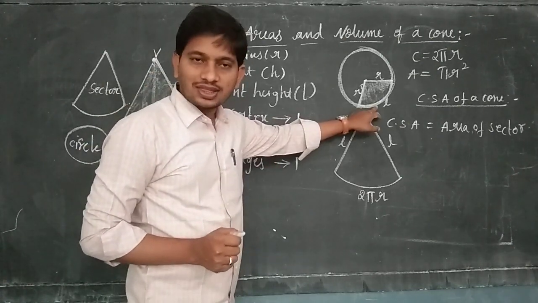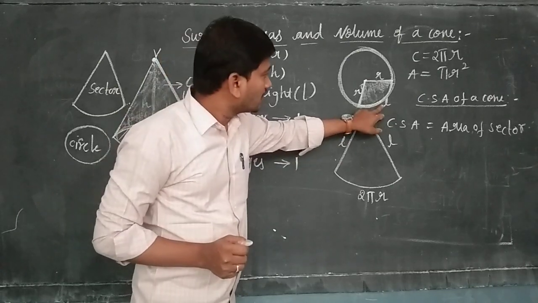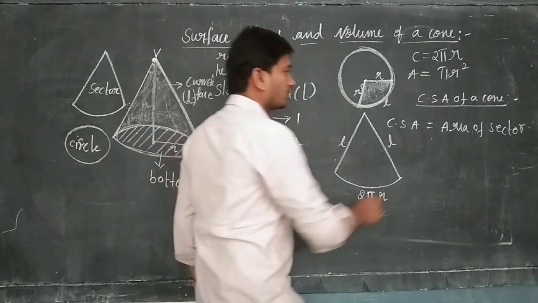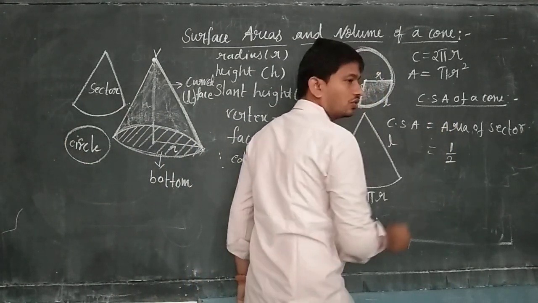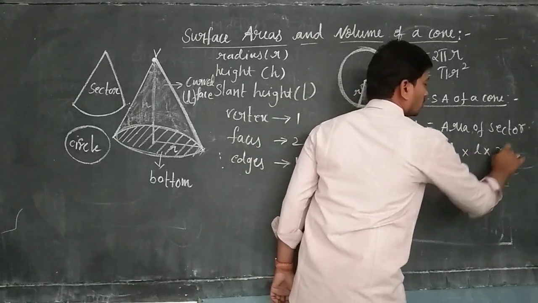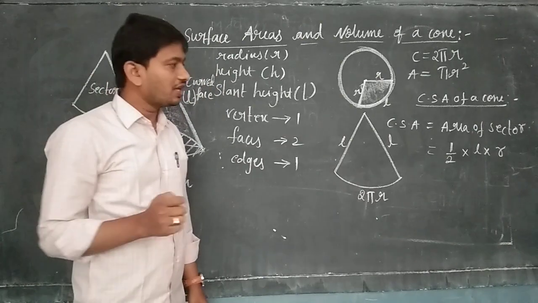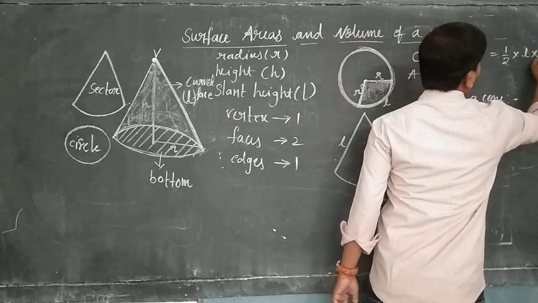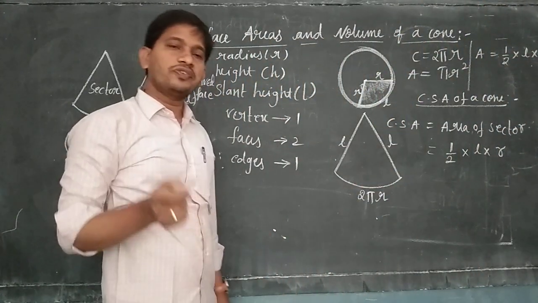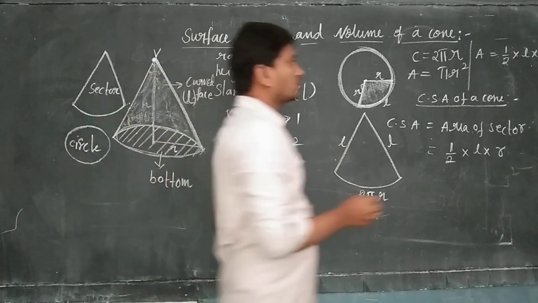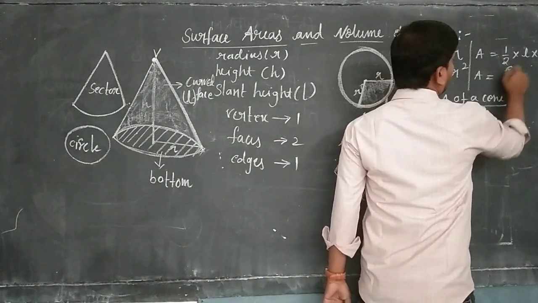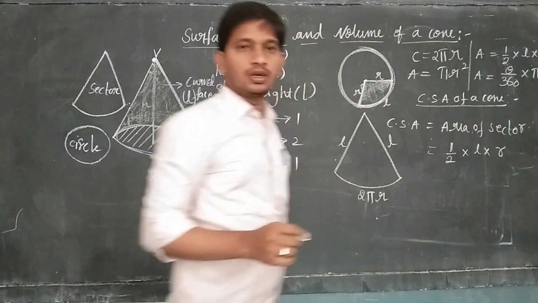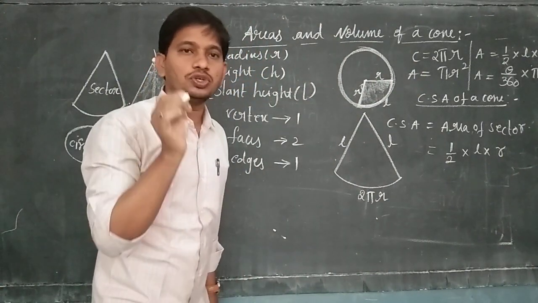If we know the length of the arc, we have the formula: area equals half into L into R. Let me write here, area of sector is half into L into R. We also have another formula: area of sector is theta by 360 into pi r square.